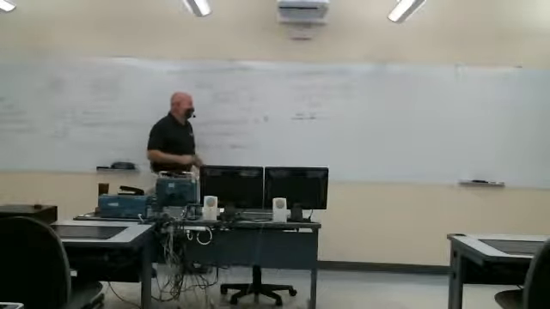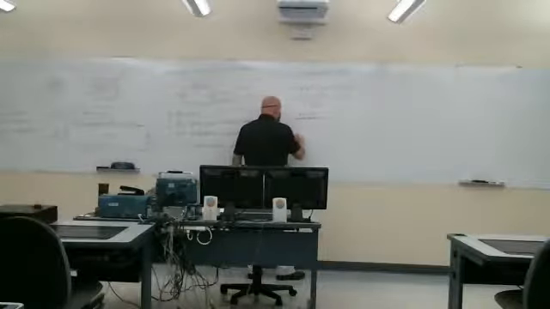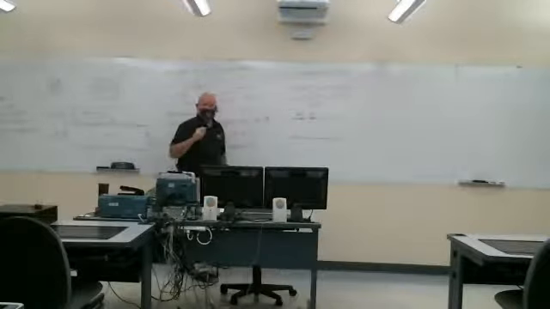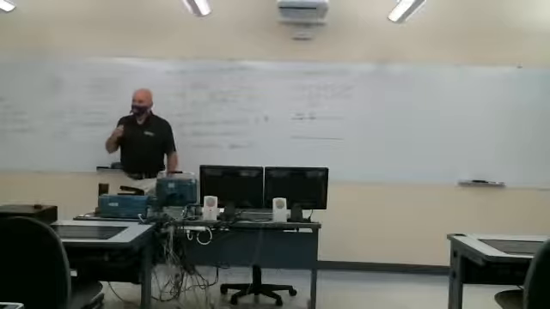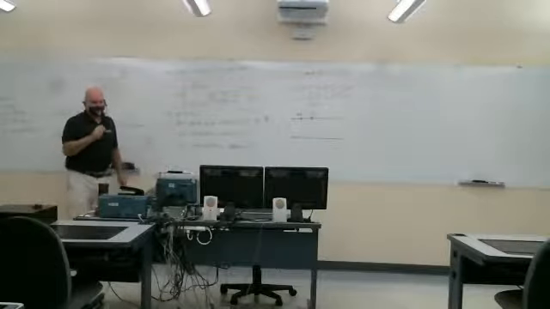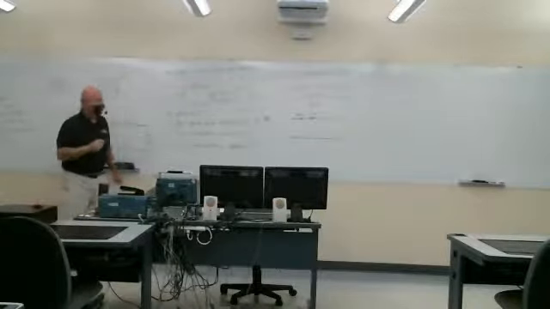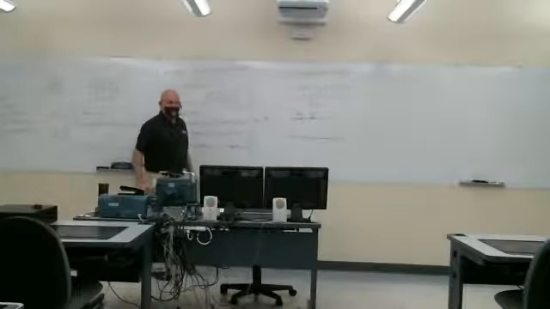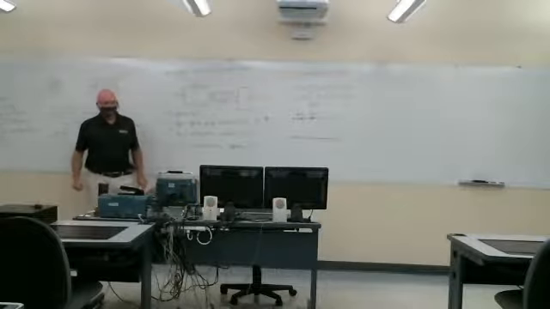So R prime delta Z represents the resistance in that little segment, in that little length. It actually represents the resistance in both wires, but we lump it together in our model as just a resistance in one wire.